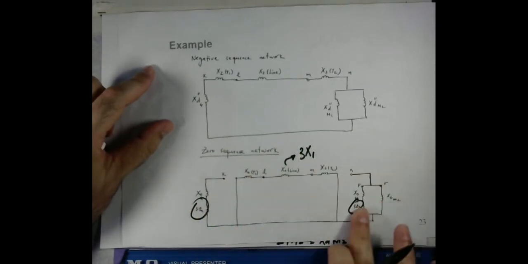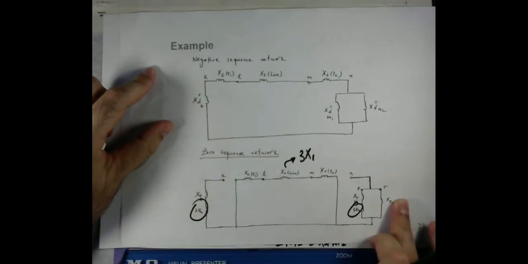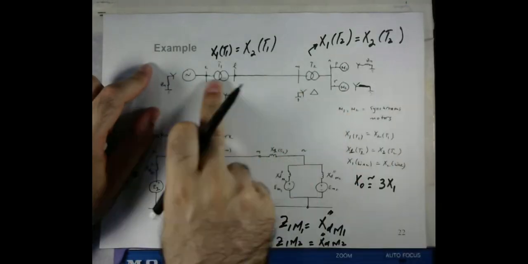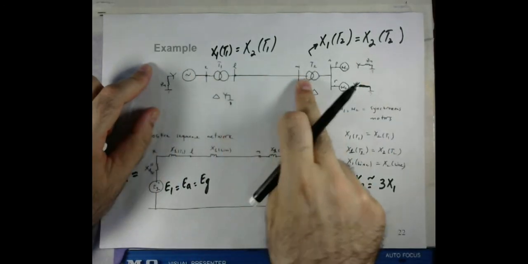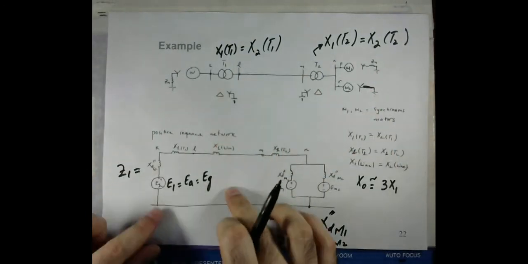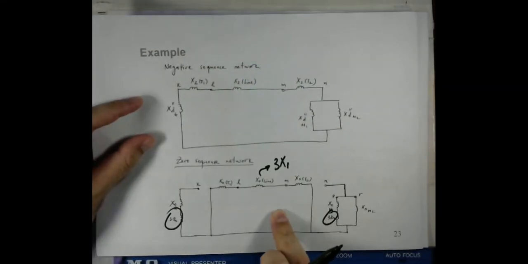So now this is the zero sequence network of the power system, where we have generation, transmission and utilization. This is the positive sequence network, this is the negative sequence network, and this is the zero sequence network.